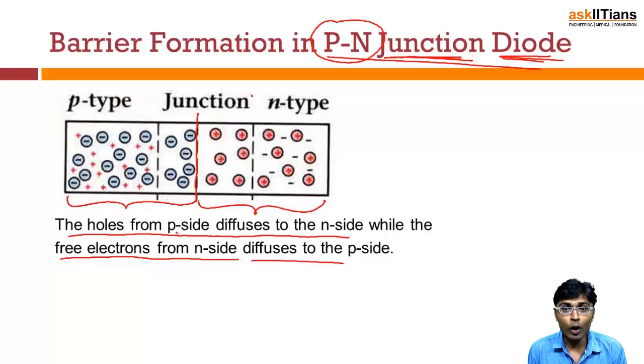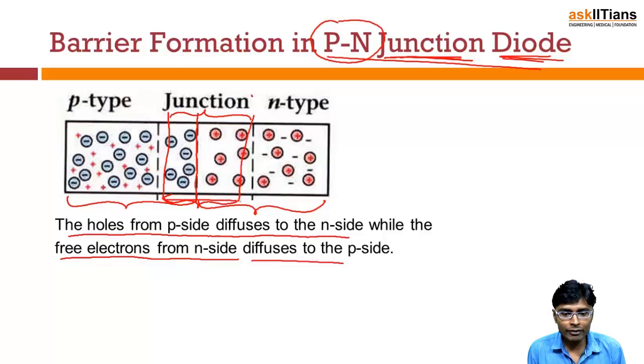Okay, now let's see what happens. Whenever the N-type electrons diffuse from the N side to the P side, and the holes from the P side to the N side, there will be a recombination of these electron and hole pairs, right? And this recombination will take place nearby the junction. So there will be a layer or region formed, that is called the depletion region.